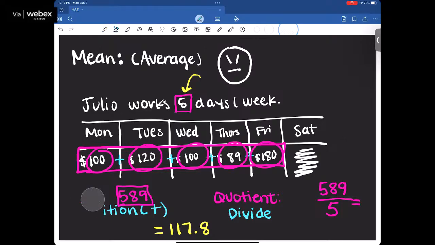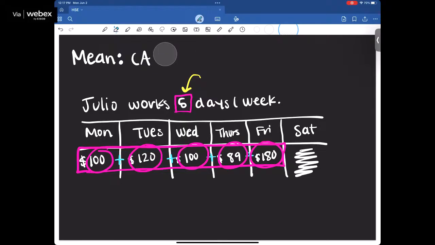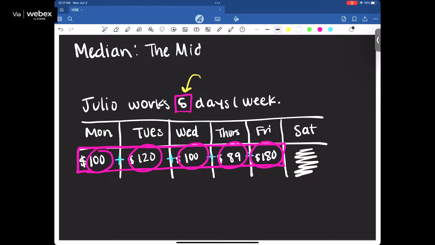Finding the median is quite simple. The median is just like it is when you're driving. Where is the median when you're driving? It is in the middle. So the median is the middle number.